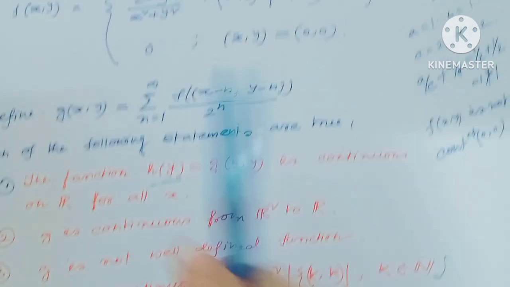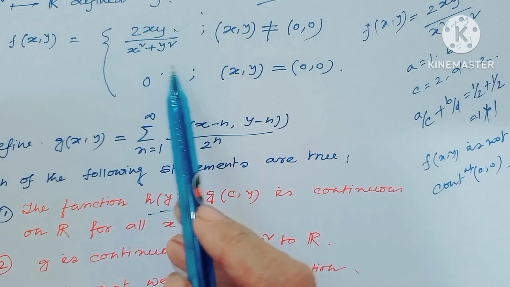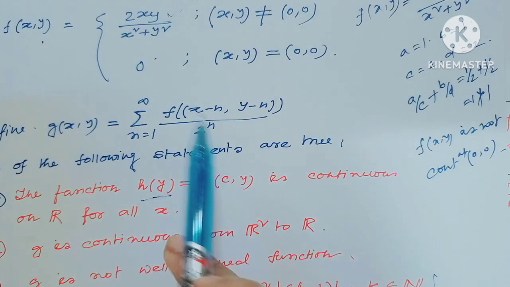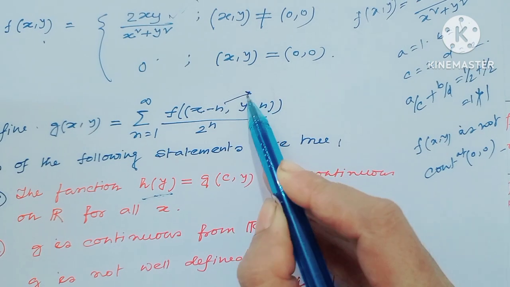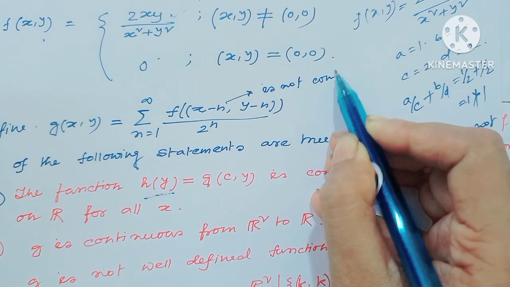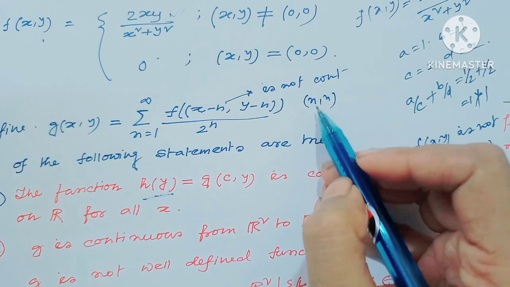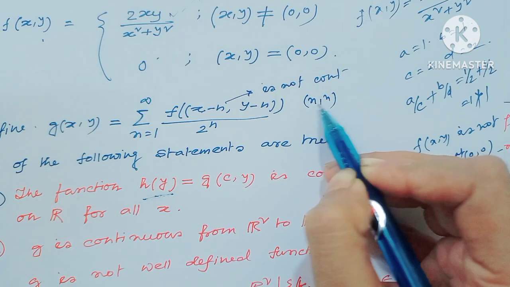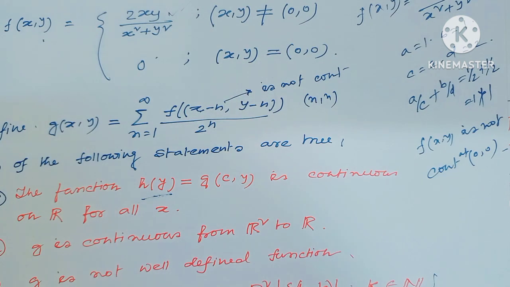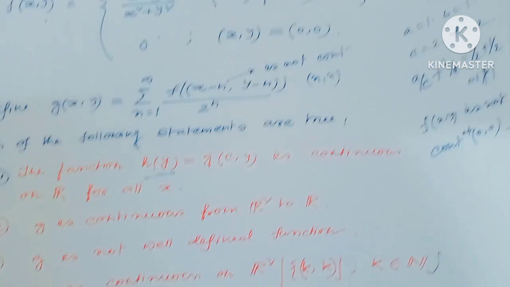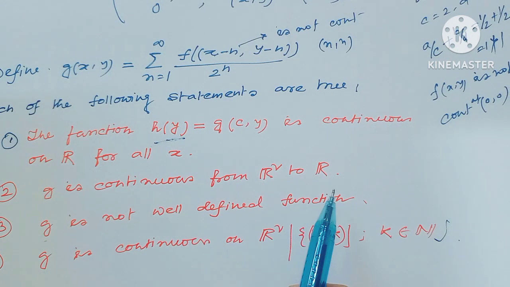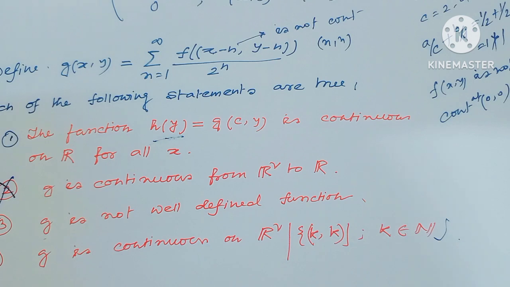Since f(x,y) is not continuous at the point (0,0), this function is not continuous at the points where x minus n and y minus n are 0. So option 2, g is continuous from R2 to R, is a wrong option.